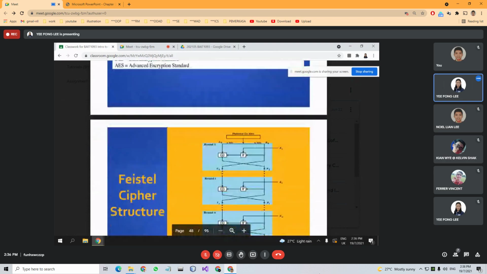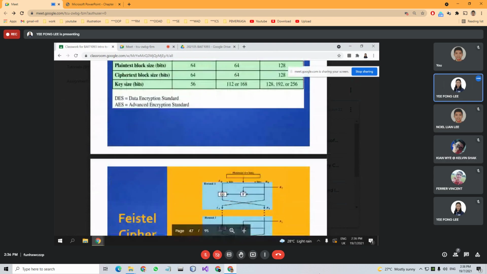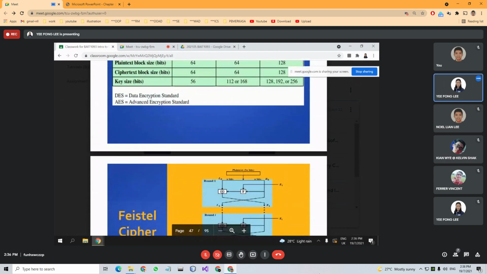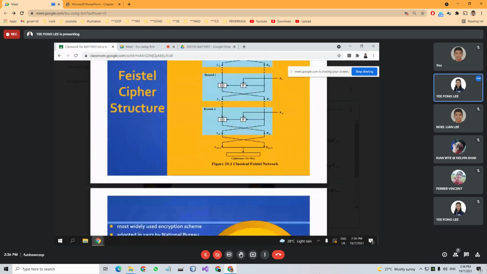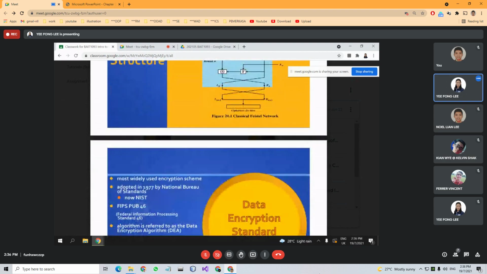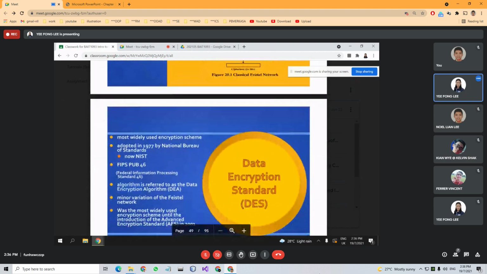I want to explain the Feistel algorithm, but today we stop here. Next class, we will start from slide 49. So we are in good progress. Let me jot it down in my records first. So next week, week number 6.